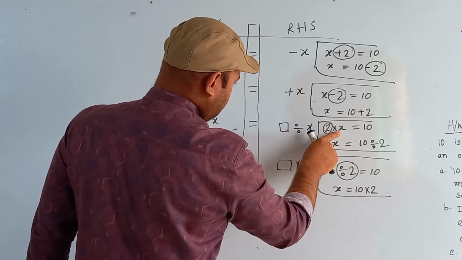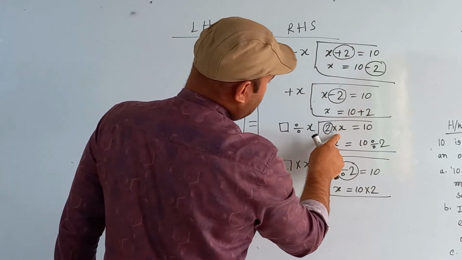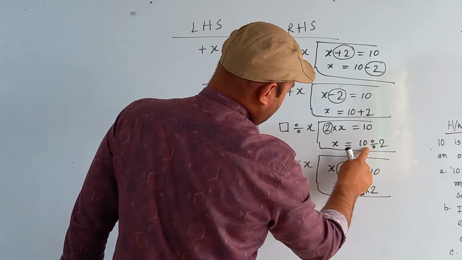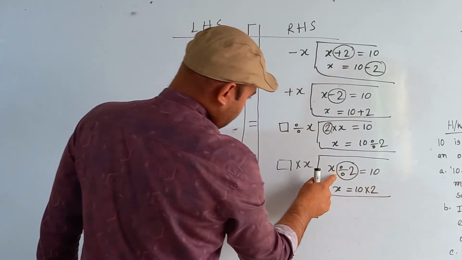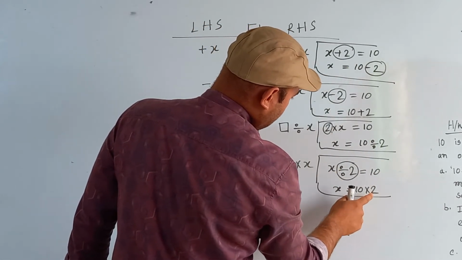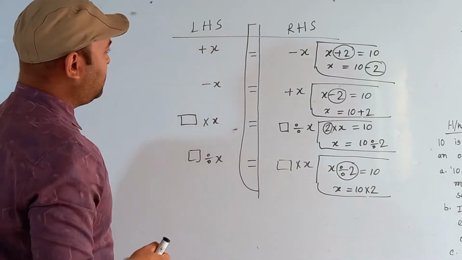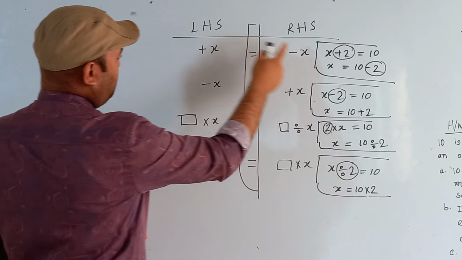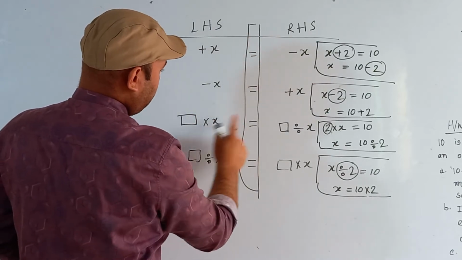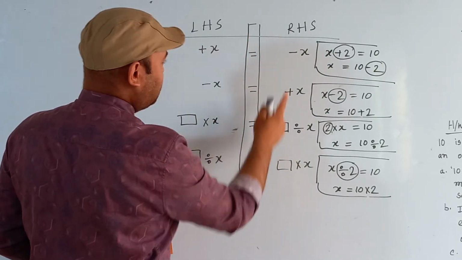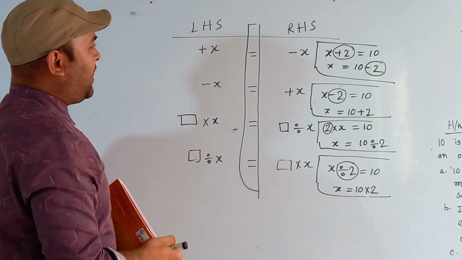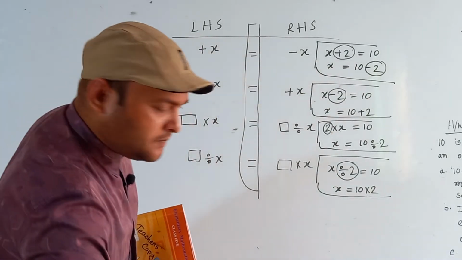Here is a multiplied sign, I have transferred it to the right hand side with a division sign. Here is a division sign, after transferring it has made a multiplied sign. Hope you understood the changing of signs, plus to minus, minus to plus, multiply to division, division to multiply. Similar way from the right hand side to the left hand side.